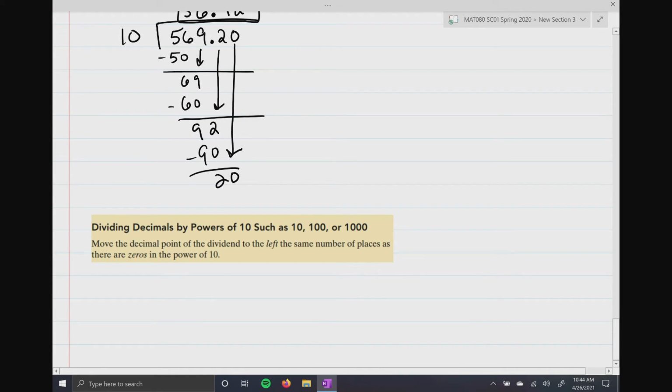If we want to divide decimals by powers of 10, such as 10, 100, or 1,000, all you're going to do is move the decimal point of the dividend to the left the same number of places as there are zeros in the power of 10 itself.